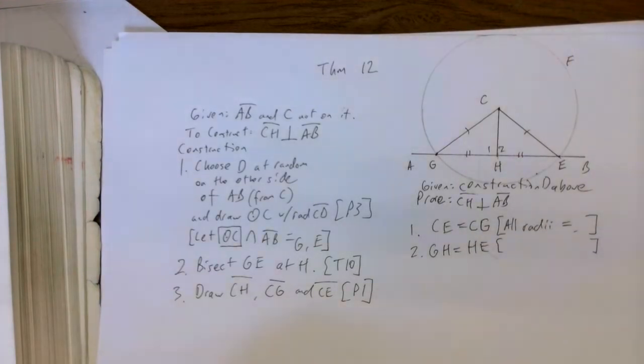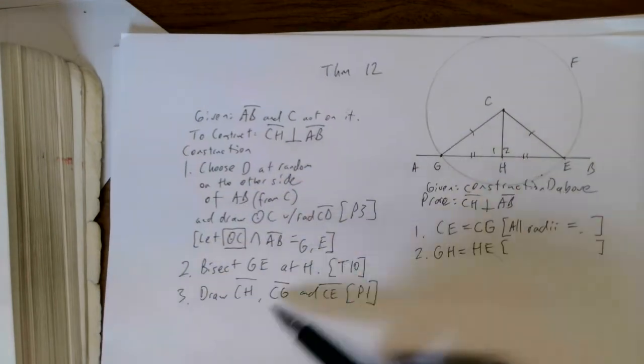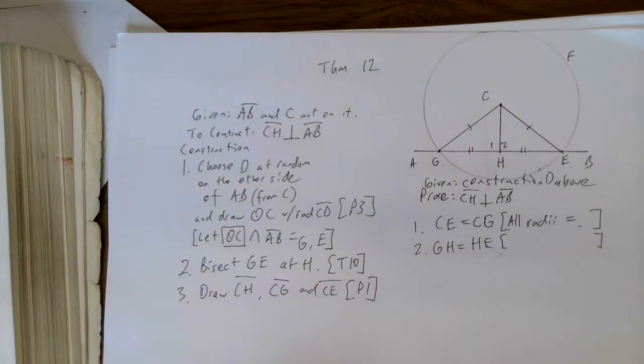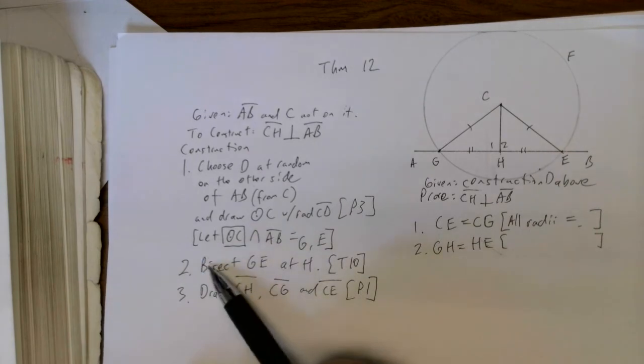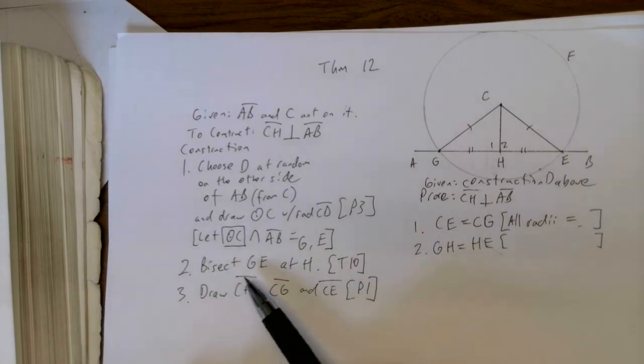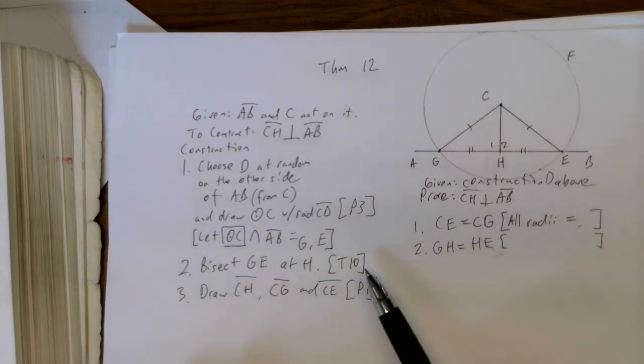Raise your hand if you can tell me where we can point to support our contention that GH is equal to HE. Layla, I'll give you a chance to redeem yourself. Step 2 in the construction. Very good. Step 2 in the construction, GE is bisected at H using Theorem 10.